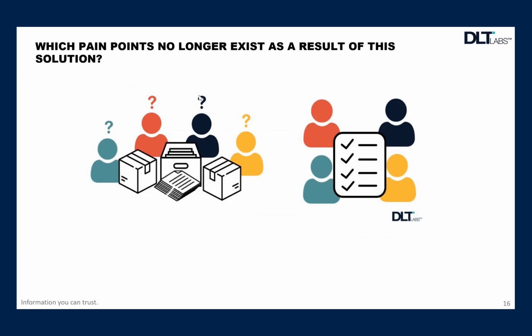Right. So one of the reasons why Walmart Canada was looking for a new solution was that in the previous process, if there were disputes, those were taking months to resolve.